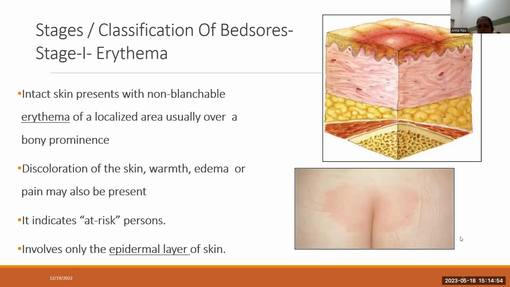And the patient may complain about pain in the area. There can be edema also. So immediately you should pay attention and remove the pressure wherever this is happening. Okay. And in this stage, only the upper layer, that is the epidermis, will be injured.